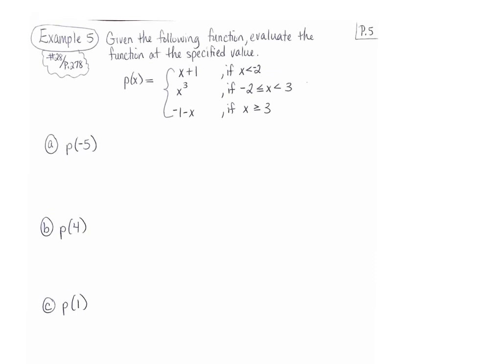How many parts of P of x do we have? 3. Very good. You have x plus 1 if x is less than negative 2. You have x cubed if x is greater than or equal to negative 2 but less than 3. And you have negative 1 minus x if x is greater than or equal to 3. Is this confusing for anyone? Yes or no?